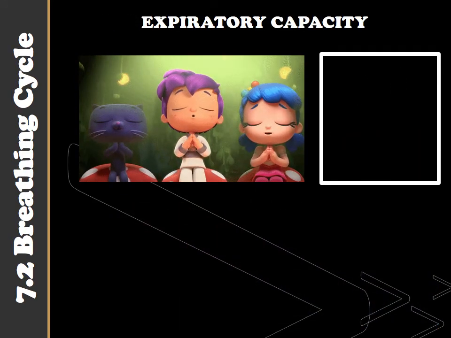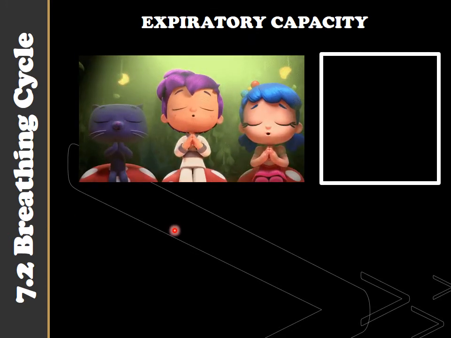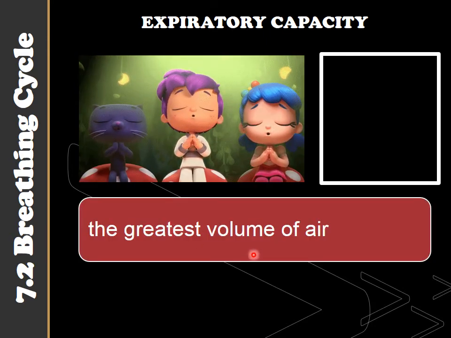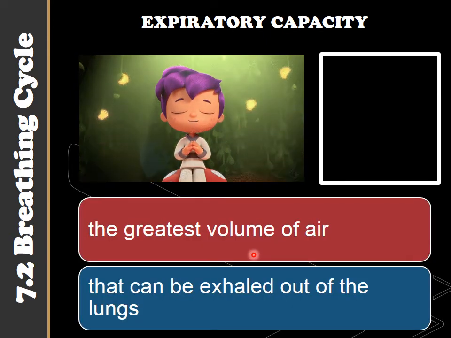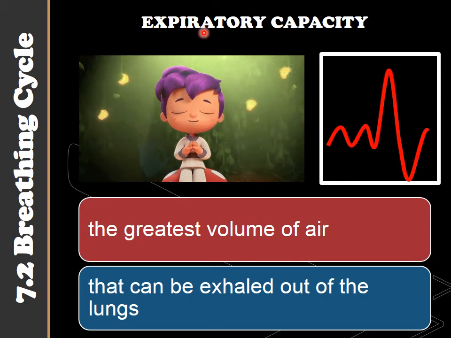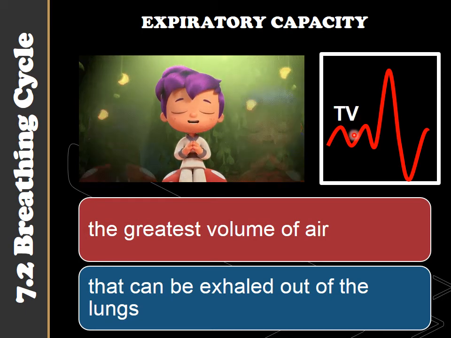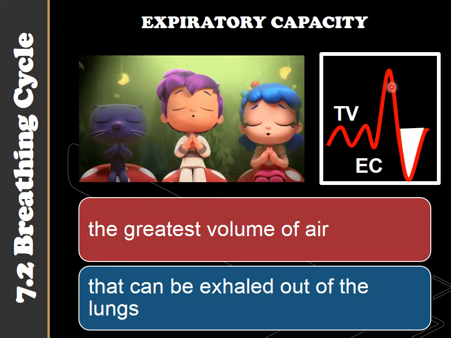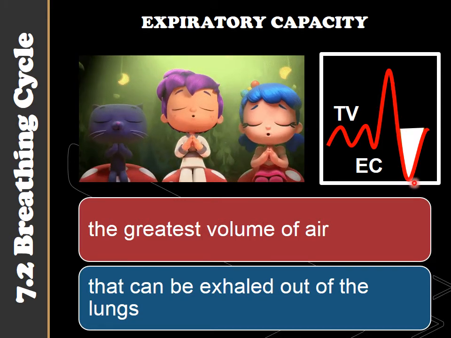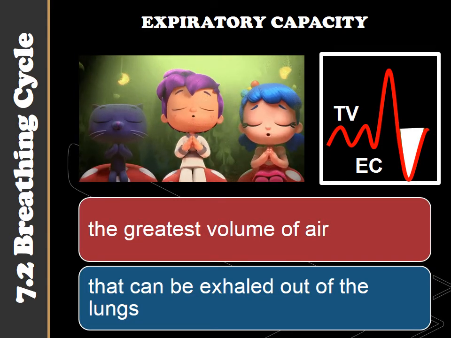Just like how we can take a deep breath, we can also exhale maximum. The greatest volume of air that can be exhaled out of the lungs is called the expiratory capacity. So you know this part is the tidal volume and this part is the inspiratory capacity. But when the graph goes down to the bottom, that becomes the expiratory capacity.